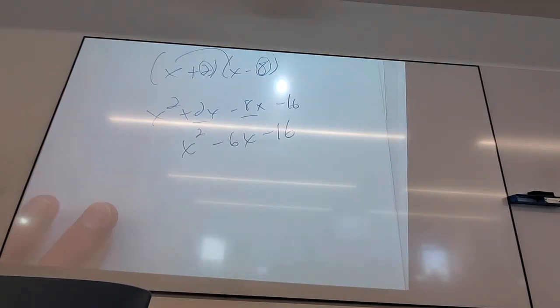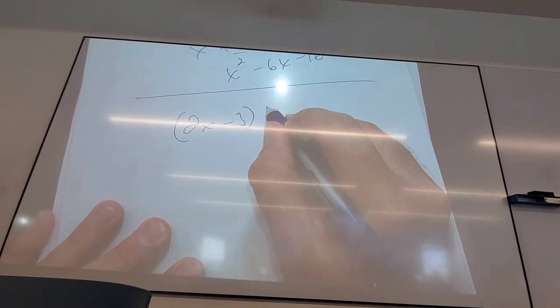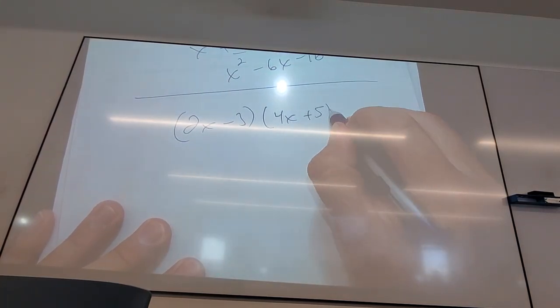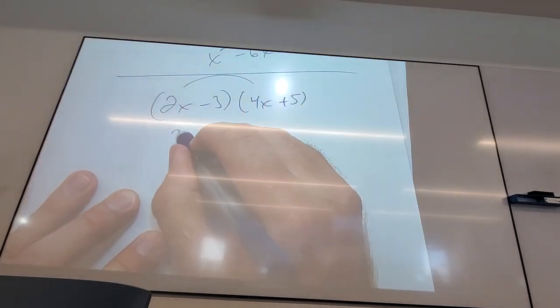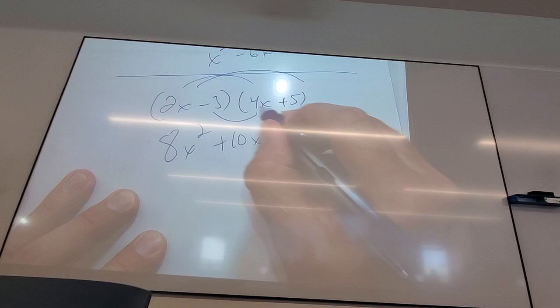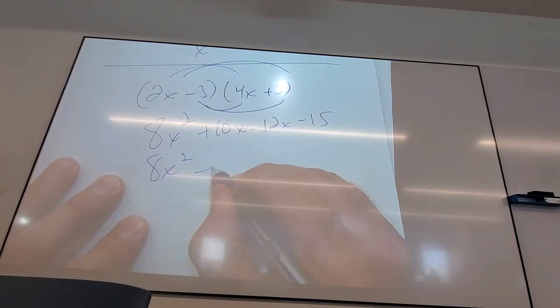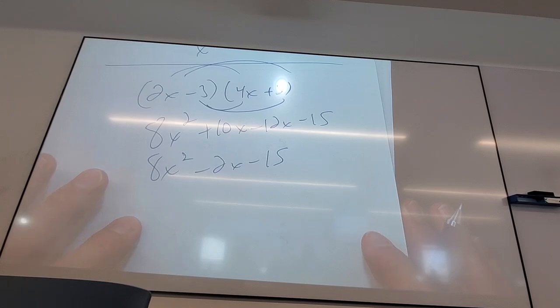That's why when there's a 1 out front, I just have to find the 2 numbers. But the minute I put something out in front of either one of these, I'll get 8x squared plus 10x minus 12x minus 15, so I get 8x squared minus 2x minus 15.